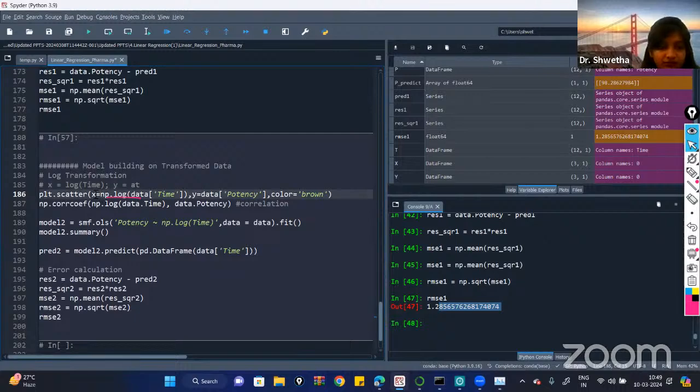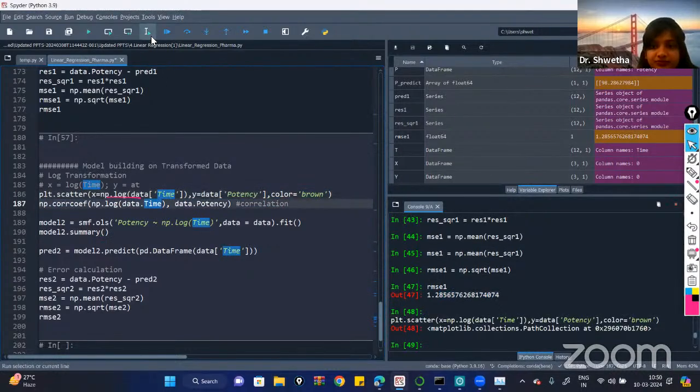Now applying log transformation to the x. Our x value over here is time, and the y data, that is potency, we are directly taking it.